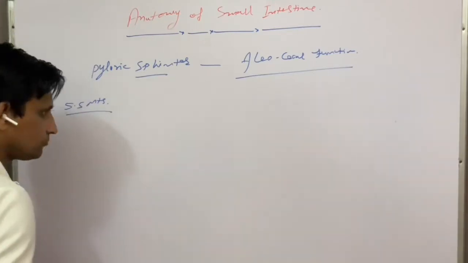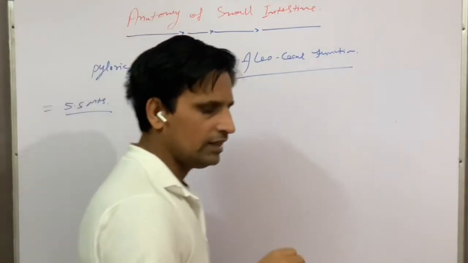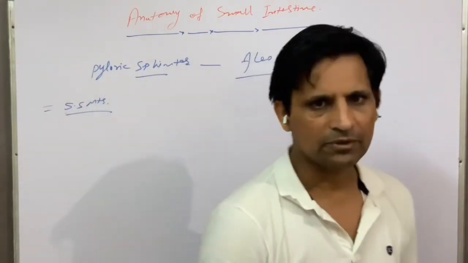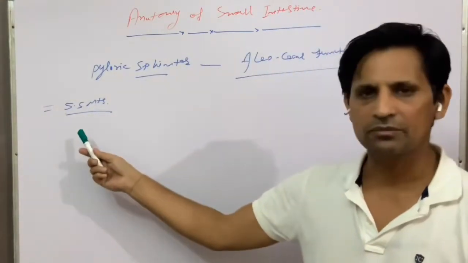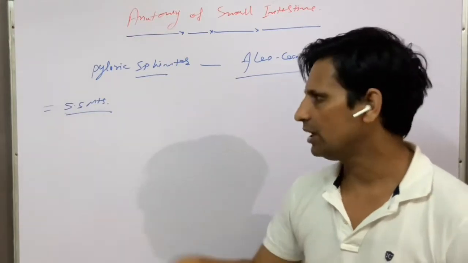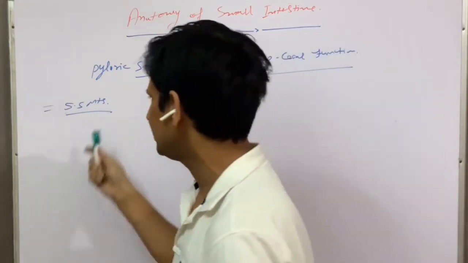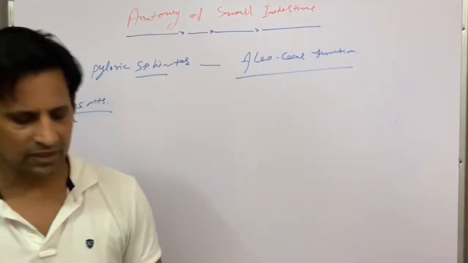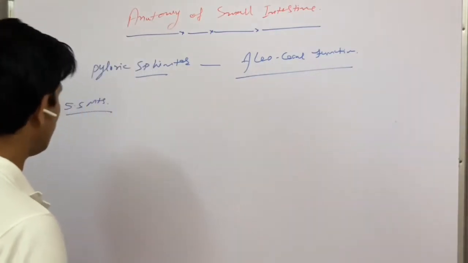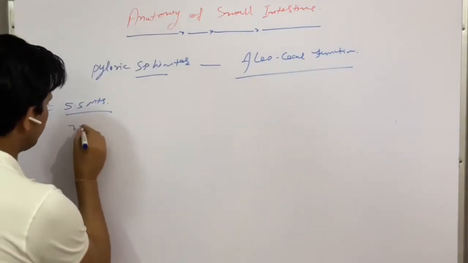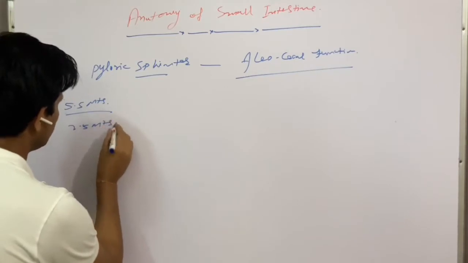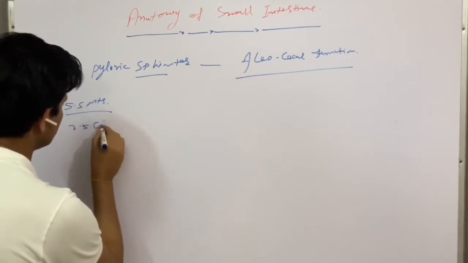The length varies according to the height of the person. It may be 5 meters or it may be 6 meters. So this is variable, but the diameter is important. The diameter of the small intestine is around 2.5 centimeters.